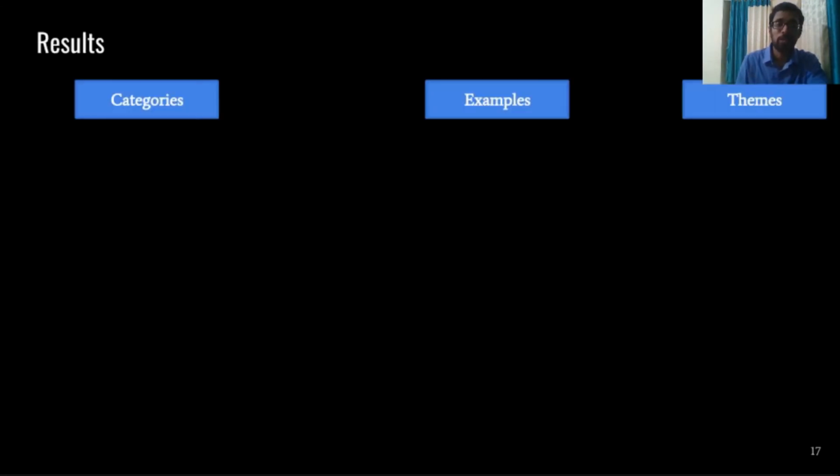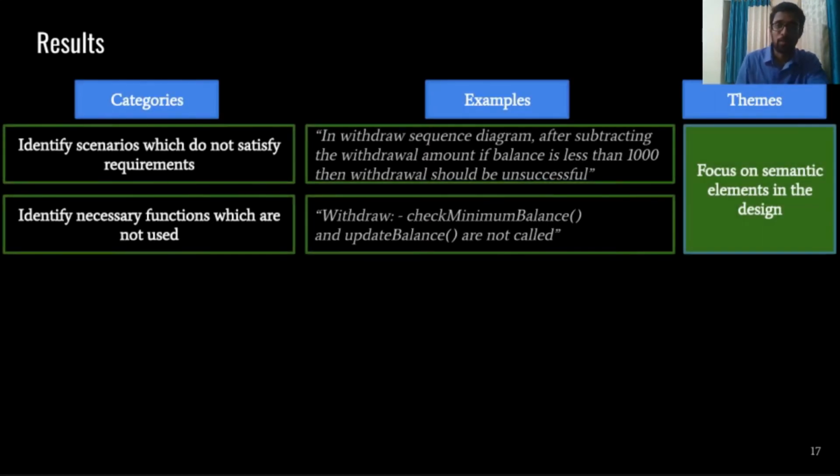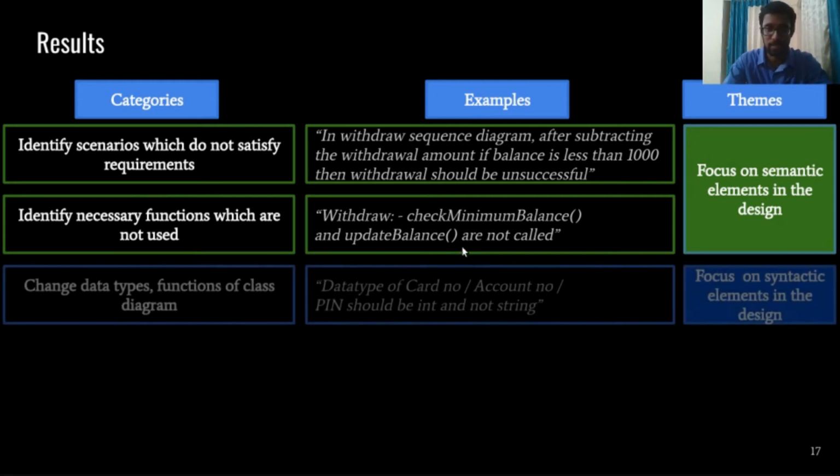Moving on to the results, we see that from the student responses, students focused on the semantic elements in the design. They identified necessary scenarios which do not satisfy the requirements, and they also identified necessary functions which are not used. For example, check minimum balance and update balance functions are not called, and students correctly identified that these were missing in the design.